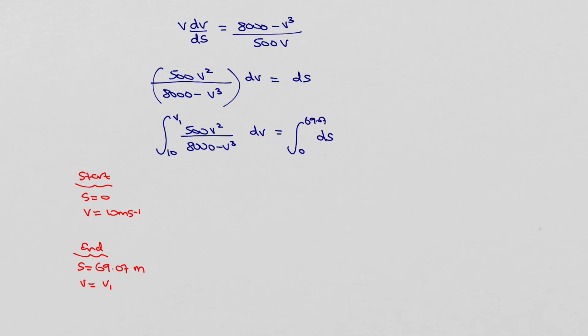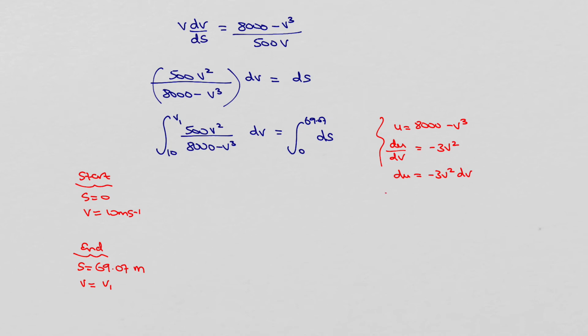And here we'll have to use a little bit of substitution on the left-hand side, because it's not a linear denominator, it's not a tan inverse function. So I'm going to say if u is equal to 8,000 minus v cubed, then du/dv will equal minus 3v squared, and therefore du is equal to minus 3v squared dv.